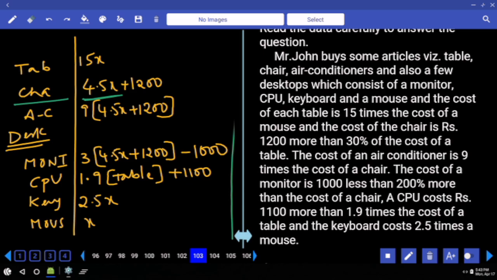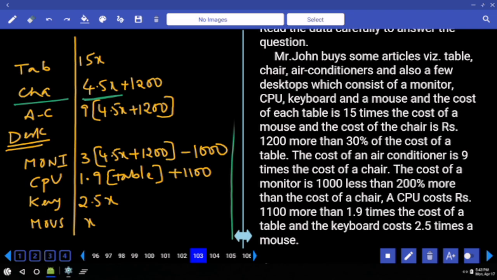John buys some articles: table, chair, AC, etcetera. So if John buys articles, he has to buy from the shopkeeper, right? Let us assume I am the shopkeeper and you are John. So I will sell the item at X rupees and you will purchase the same item at X rupees. Is this correct?